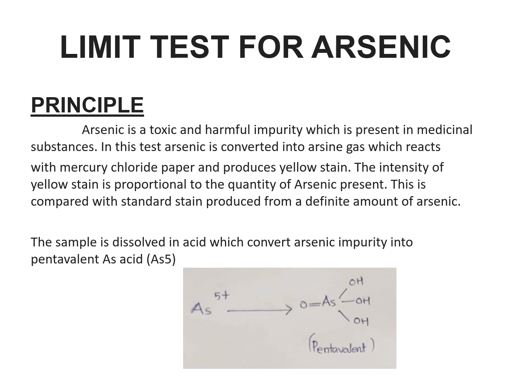If the intensity of the yellow stain is higher when compared with the standard, our limit test will fail. We are comparing the intensity of the yellow stain produced by the arsine gas in contact with the mercuric chloride paper.